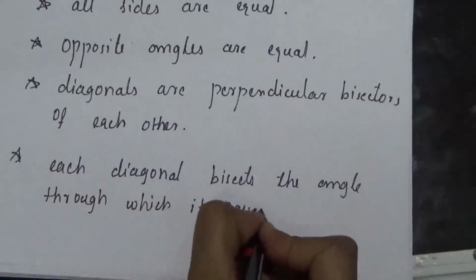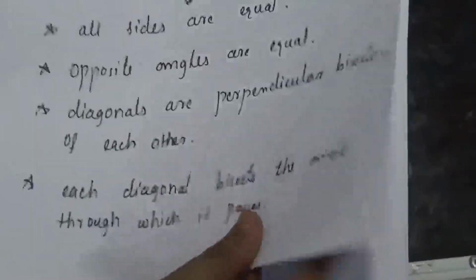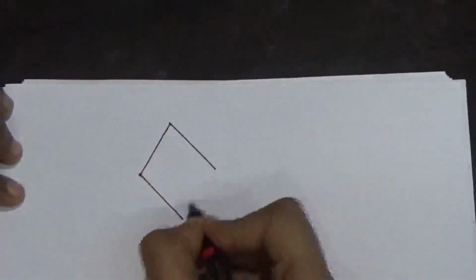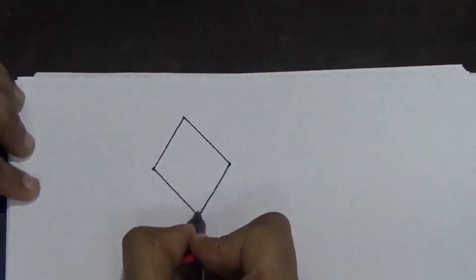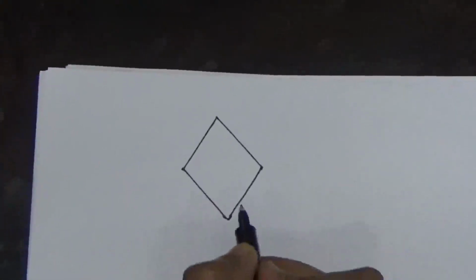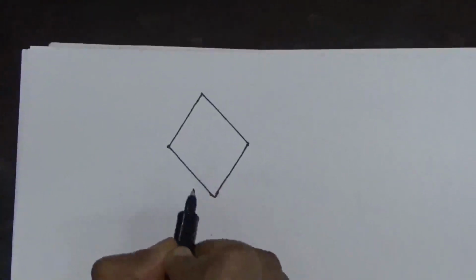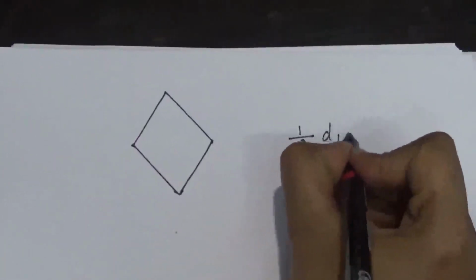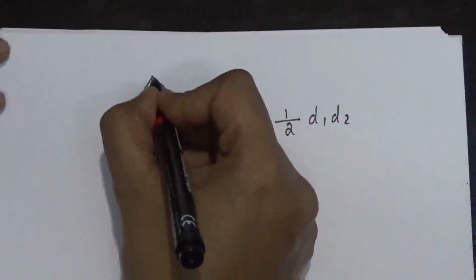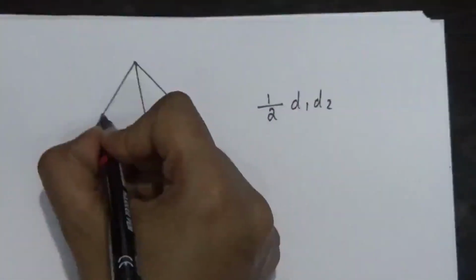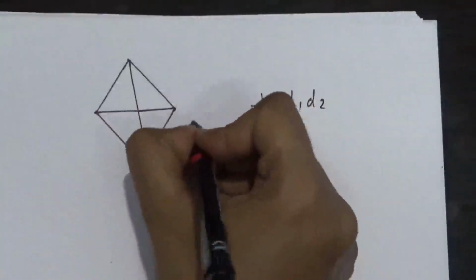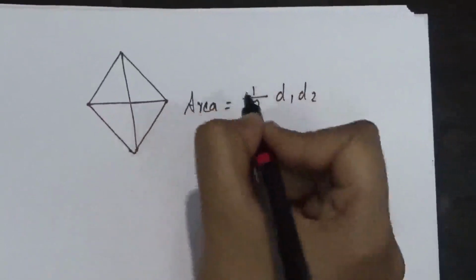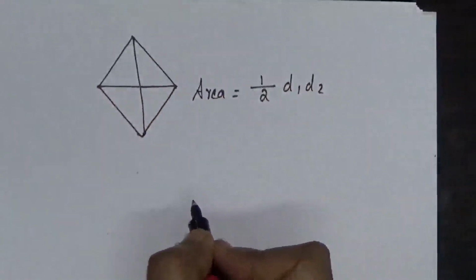Now moving on to the area of a rhombus. We know that a rhombus is a parallelogram, so you can use the formula for finding the area of a parallelogram to find the area of a rhombus. Here better you use the formula half d1 d2, where d1 and d2 are the diagonals of the rhombus.